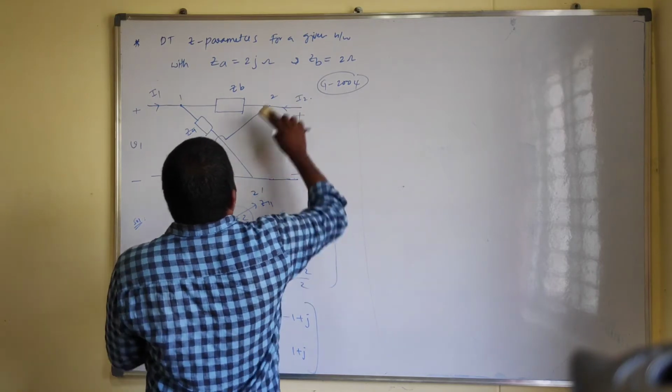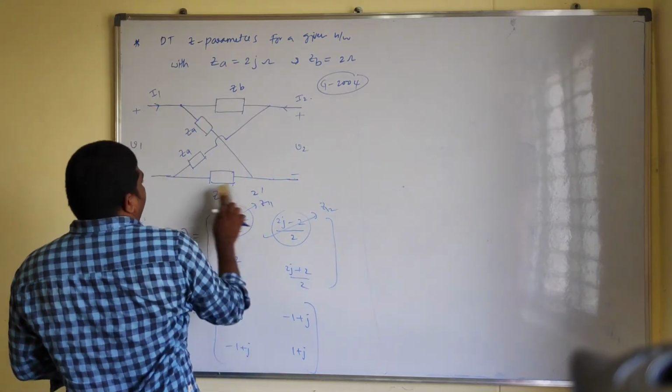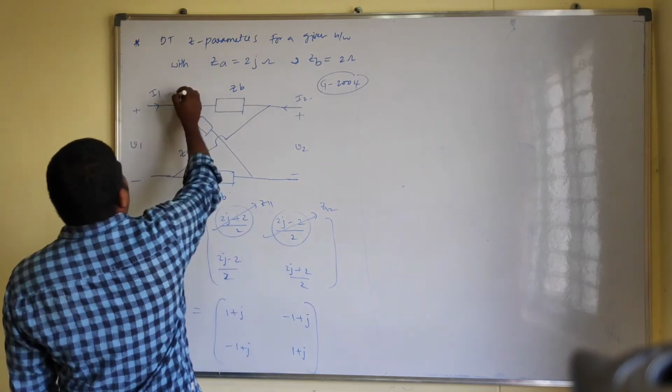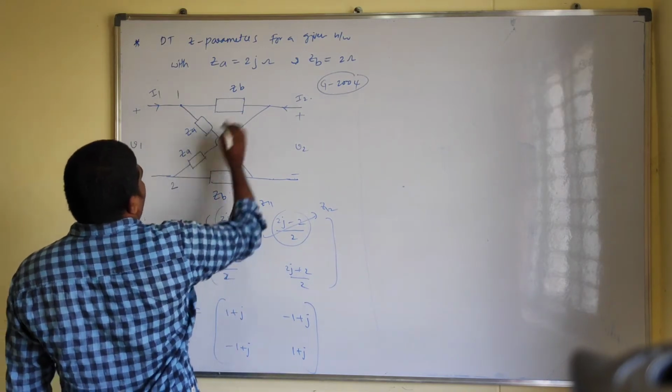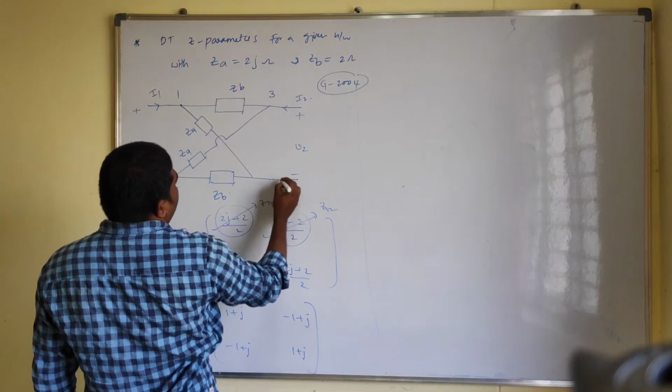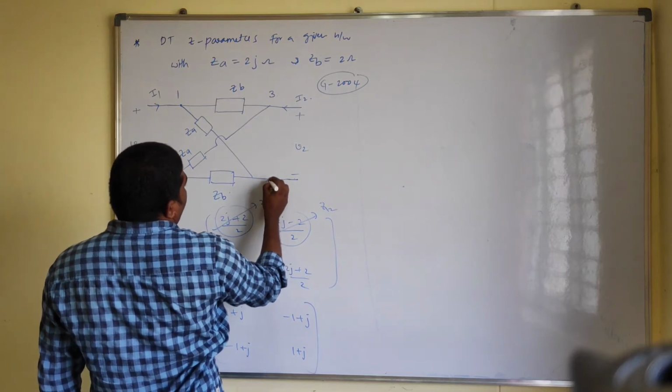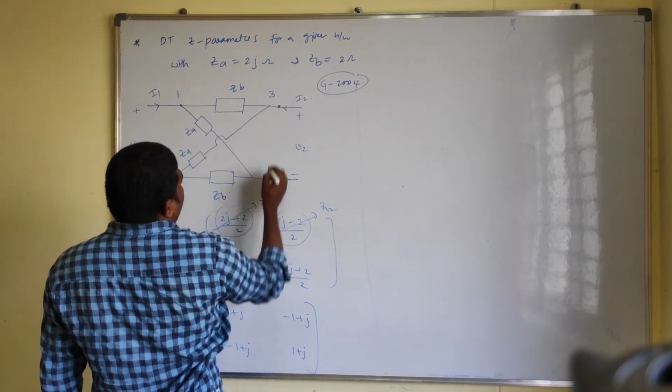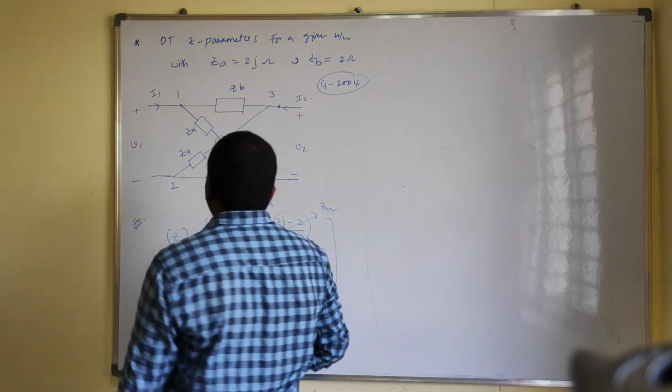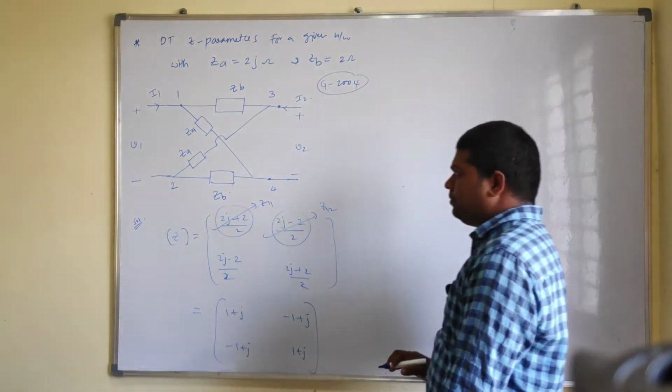Now I am taking 4 terminals. This is 1, this one is 2, this one is 3, and this one is the 4th terminal. So 4 terminals we have.